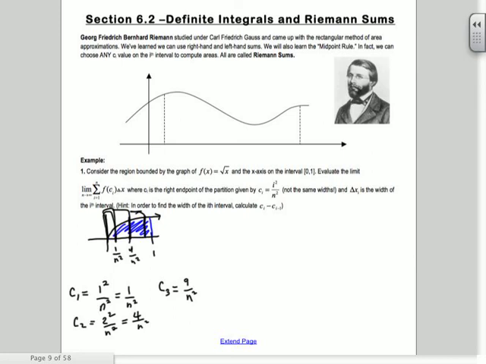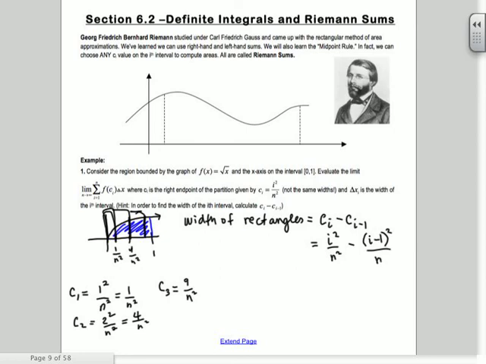Okay, so the width of the rectangles, that's ci minus c(i-1). So it's saying take the ith mark and subtract out the mark before it. Okay, well ci would be i squared over n squared, and then c(i-1) would be (i minus 1) squared over n squared.